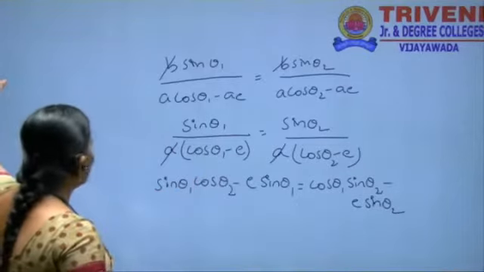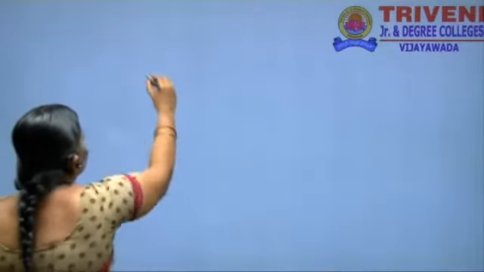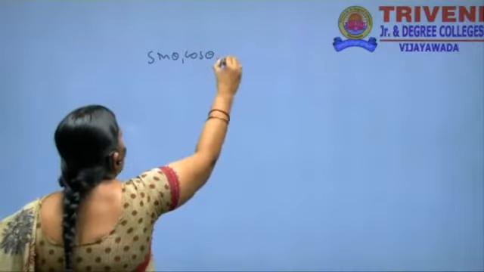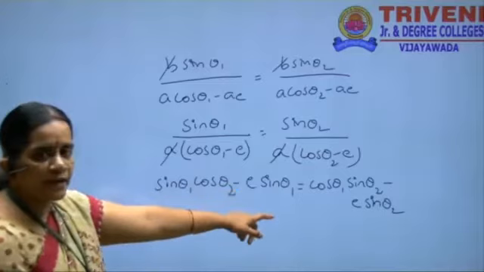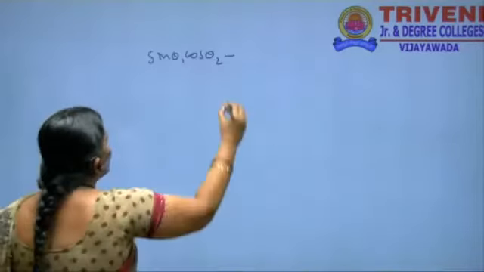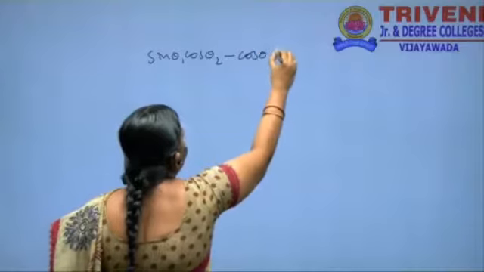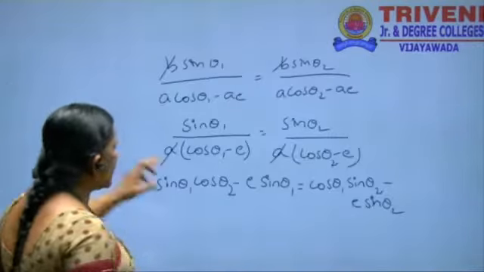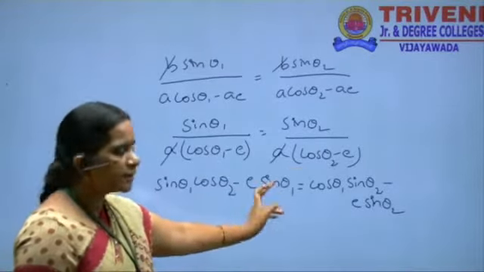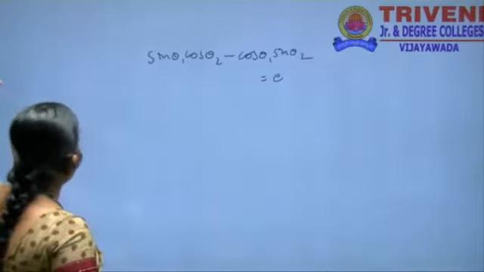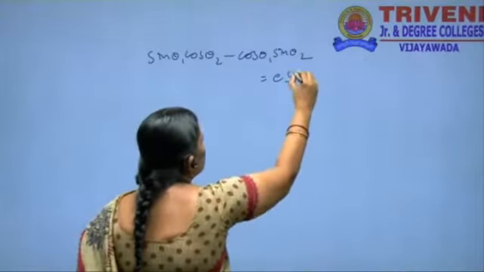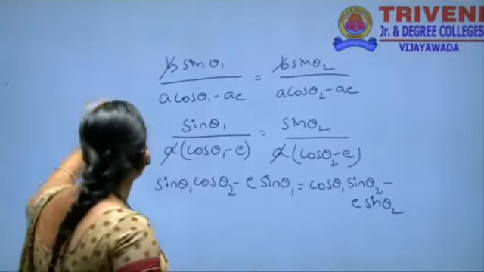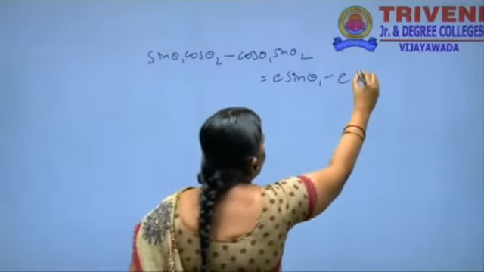Then we get sin theta 1 cos theta 2 minus cos theta 1 sin theta 2 is equal to e sin theta 1 minus e sin theta 2.